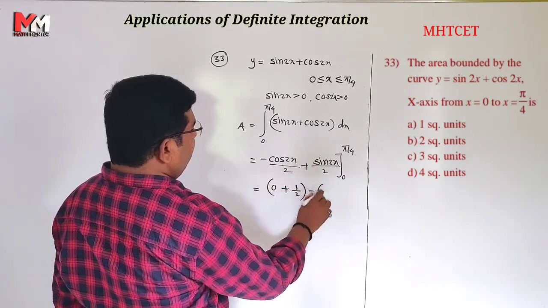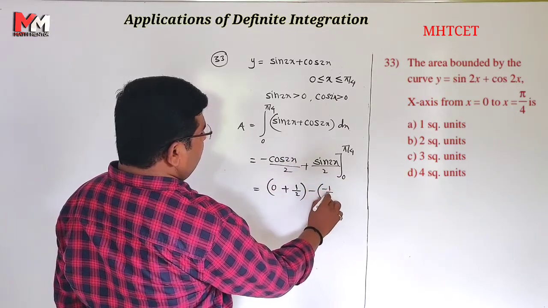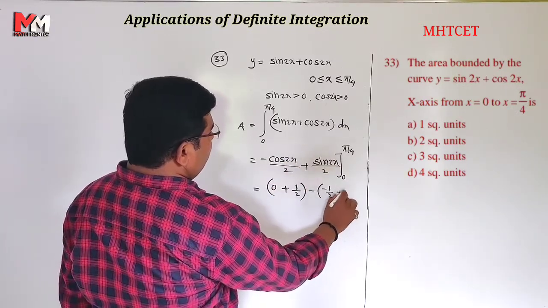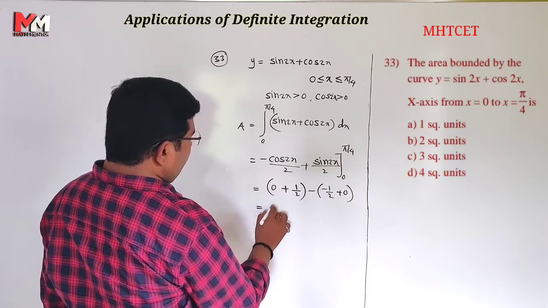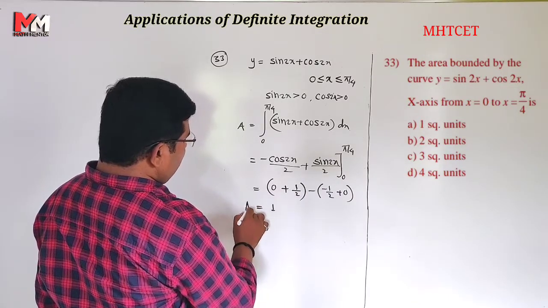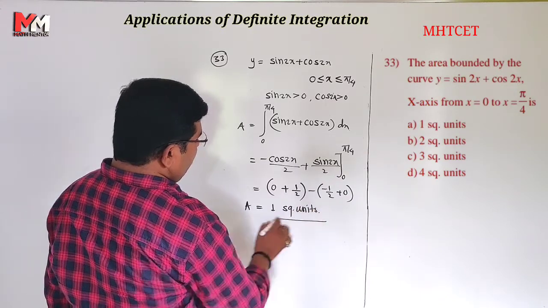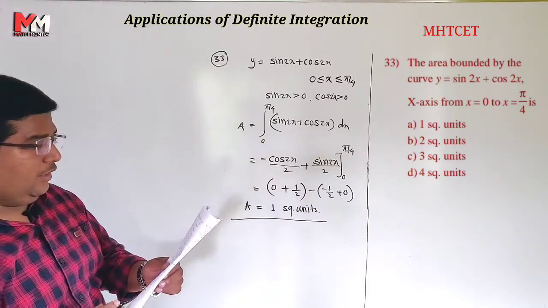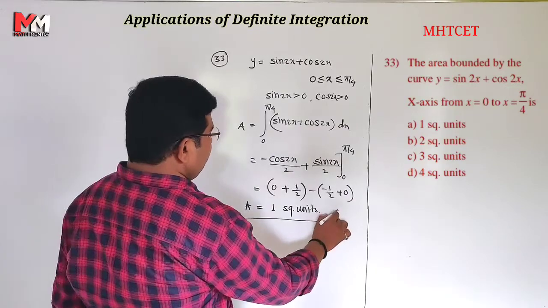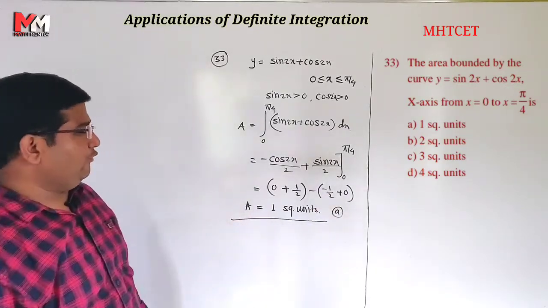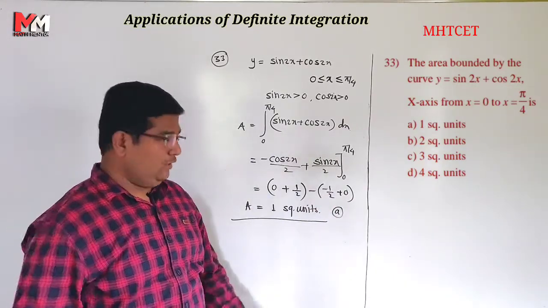Now the lower limit: cos 0 is 1, sin 0 is 0. So 1 by 2 plus 1 by 2 is 1. So 1 square unit is the answer. What is the answer of 33? 33 is A. Got it?